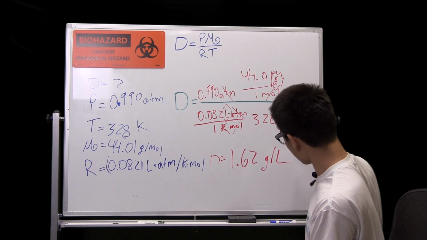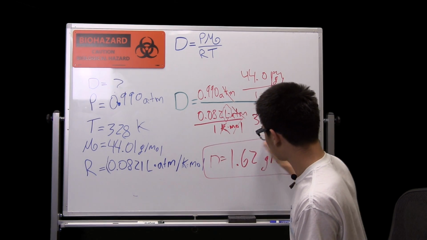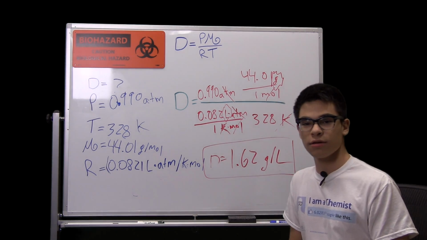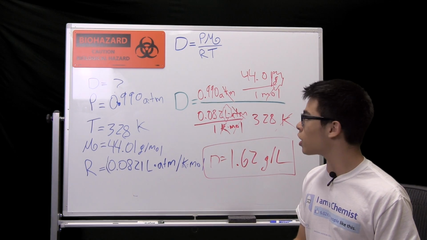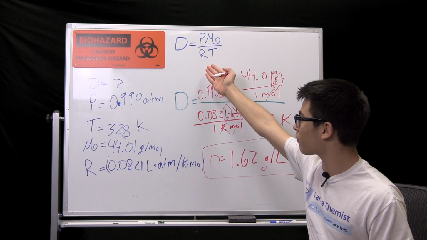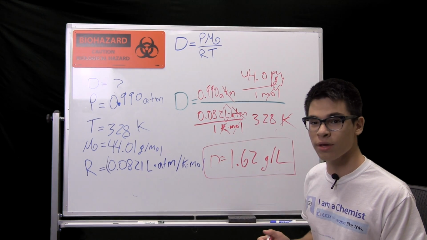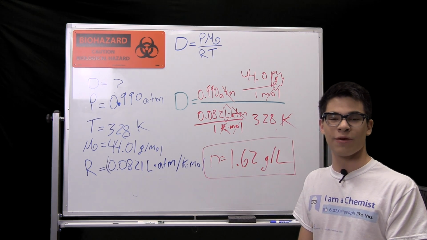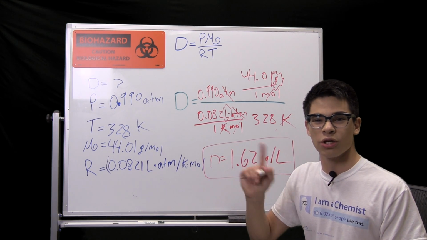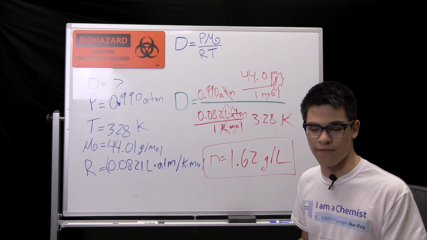And that is our density. All right, très bien. We found the density of our gas. That was done using our very easy provided density formula. But now let's figure out how we can derive that formula from the PV equals nRT equation. So you'll never have to memorize this if you know how to derive it. So let's get started.